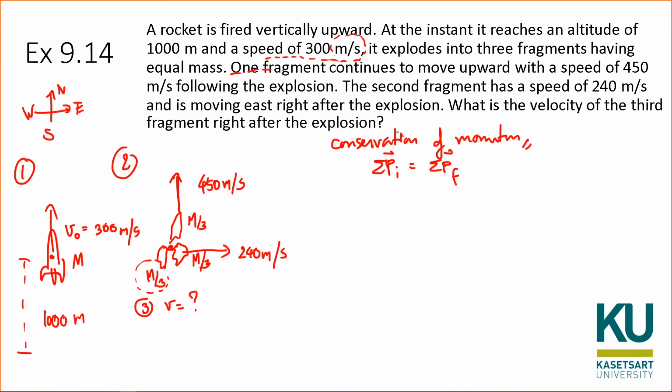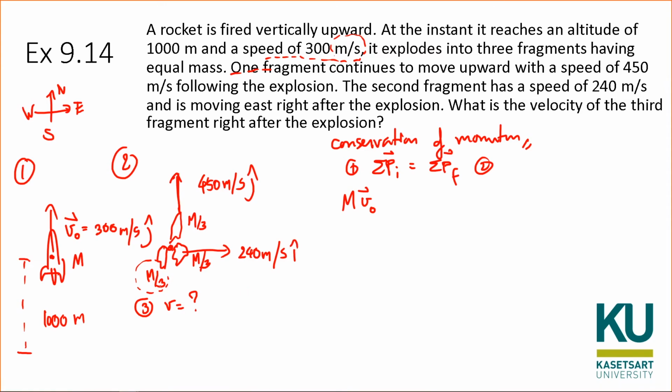So with the conservation of momentum, at the first event and the second event, from the first one you have mass M with a velocity of 300 m/s, which as a vector is going upward, so in the plus j direction. This one is going upward as well, in the j direction. This one is going eastward, so in the i direction.